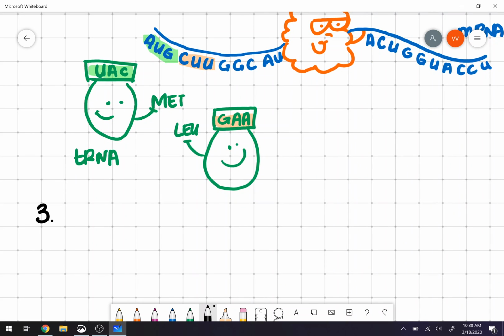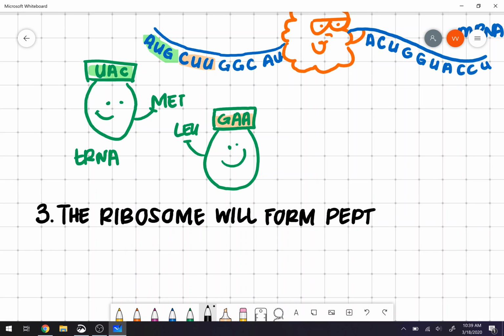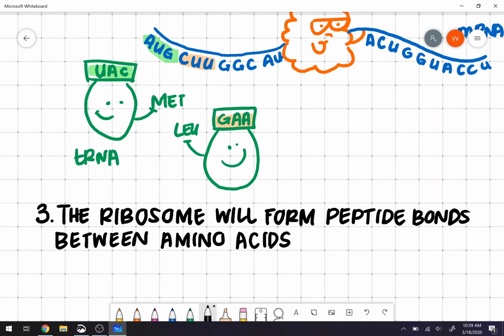So step 3, the ribosome will form what are called peptide bonds between the amino acids to form a long protein chain.